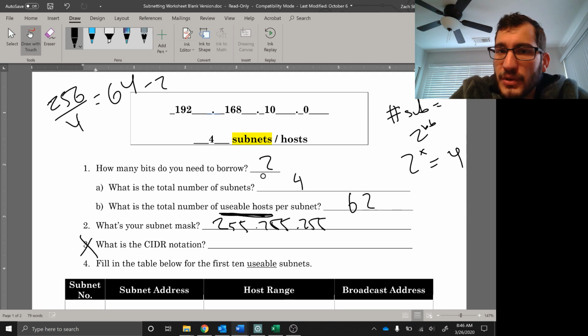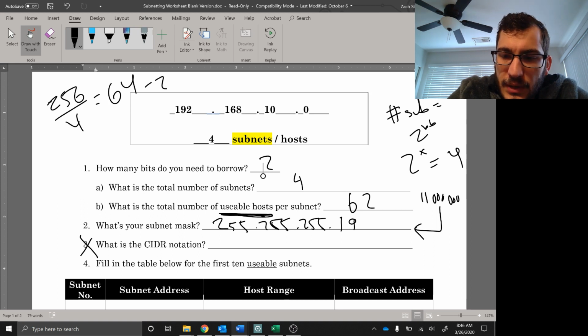For now, all of our subnet masks are going to be 255.255.255 something, just for now. If I borrowed 2 bits, in binary this would be 1, 1, 0, 0, 0, 0, 0, 0, and that is a 192. You'd think I'd have memorized those by now.